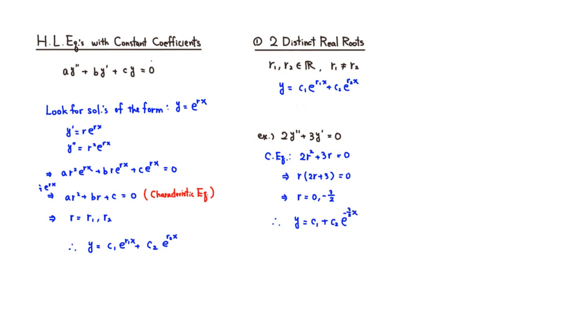This is the solution of the given differential equation. So if you have two real roots, this is pretty easy: you just have c1 e to the r1 x plus c2 e to the r2 x.